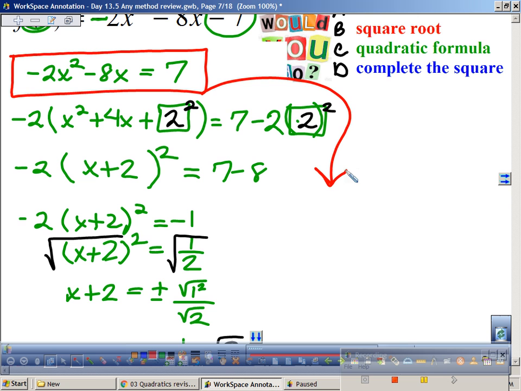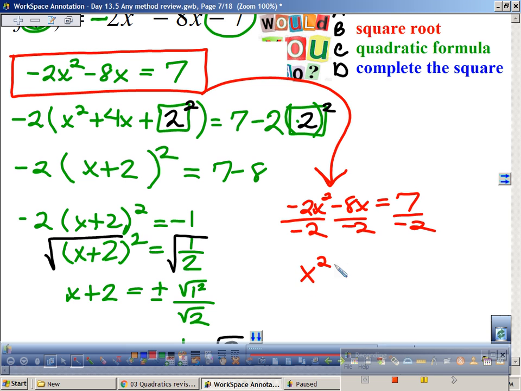In the very beginning, if I wanted to get rid of that, couldn't I just divide everybody by negative 2? Couldn't I? Is that equivalent? The chatting needs to stop, please. I've asked several times.